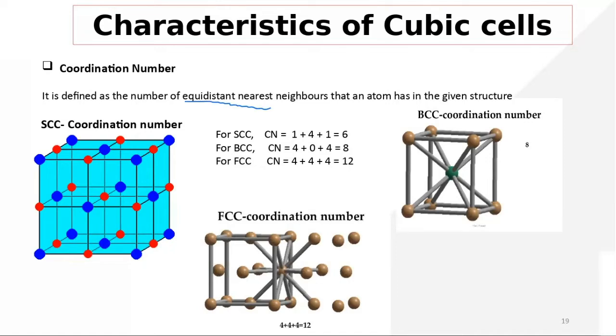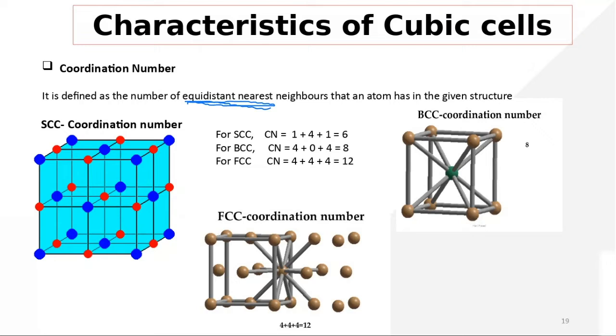So we are talking about the atoms that are at equal distance from each other, and that are nearest to each other, or you can say closest to each other.